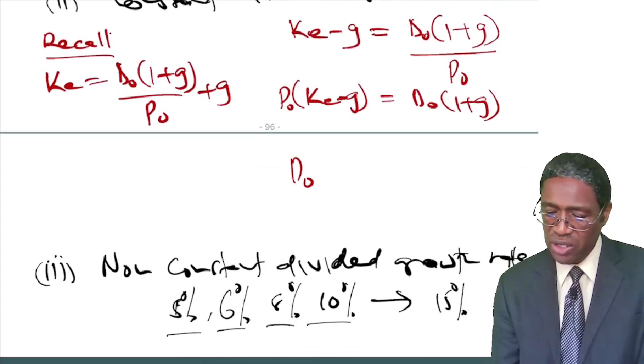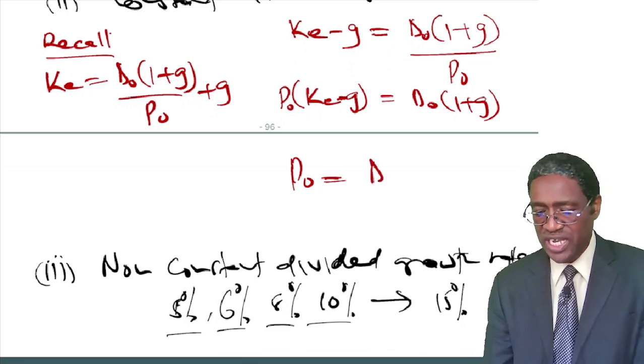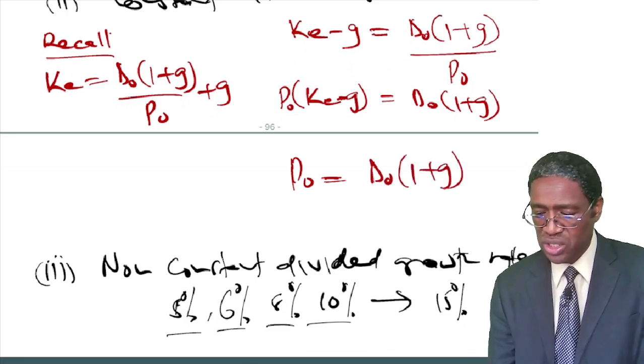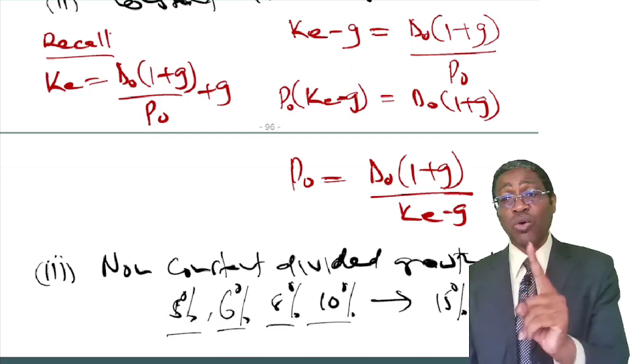So this will be P0 equals D naught into 1 plus G. I divide everything by KE minus G. Are you seeing? I am making P0 the subject.